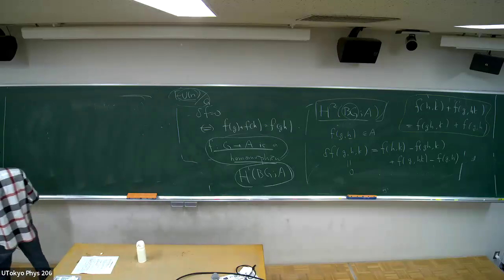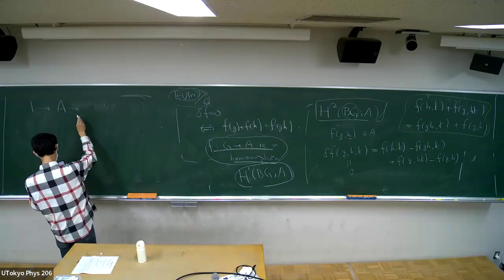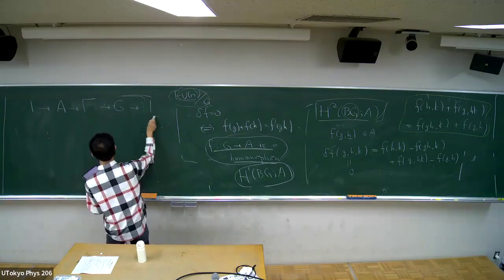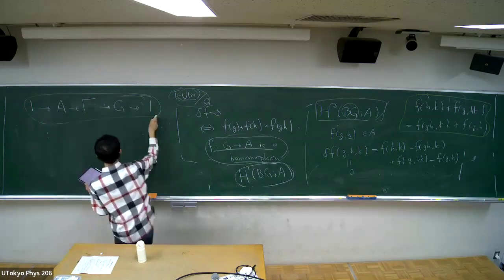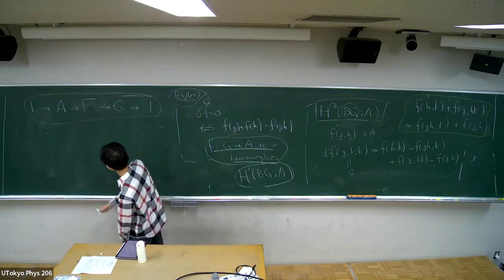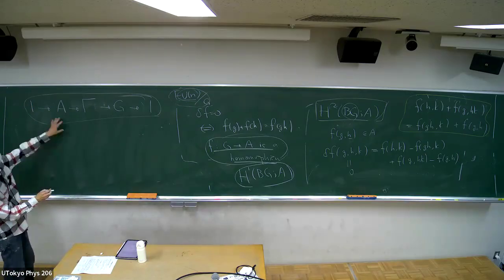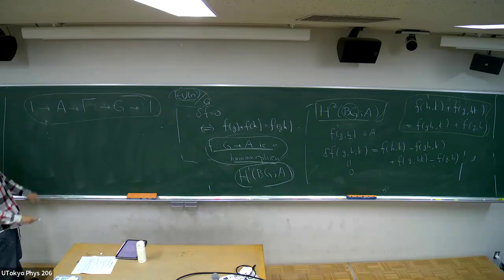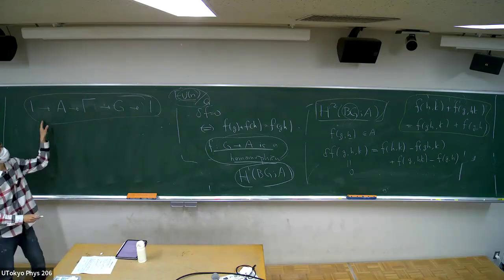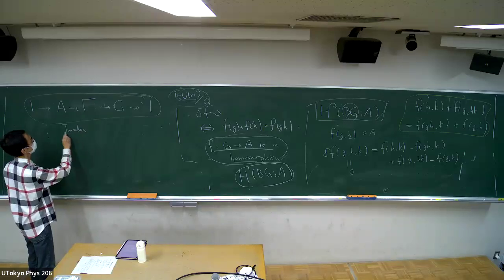So let's discuss a central extension of a group. So this is the exact sequence of groups. Let's remind ourselves what's the meaning of this sequence. An exact sequence is such that there are homomorphisms, and you always have the image equals the kernel.